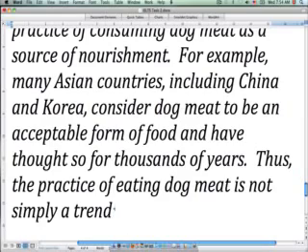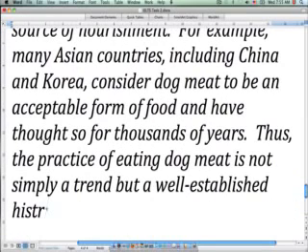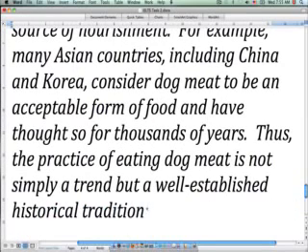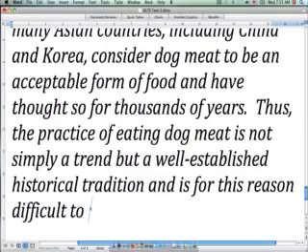No, this is not just a trend. This is something that's gone on for a very long period of time. So not simply a trend, but a well-established historical tradition, and is for this reason difficult to debunk.